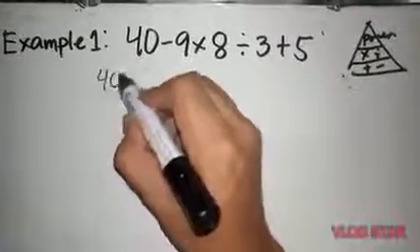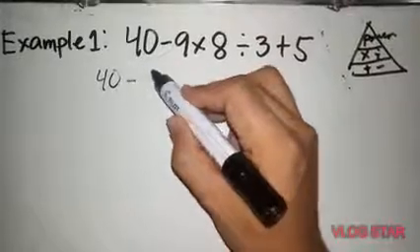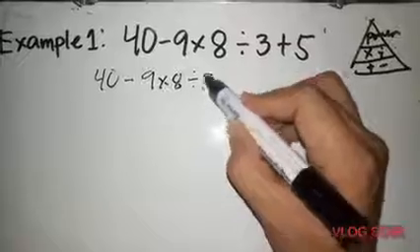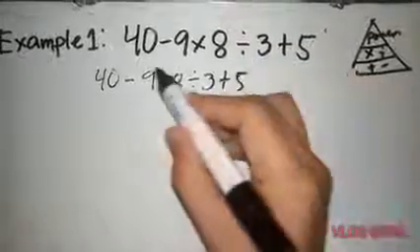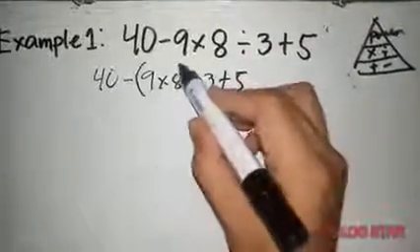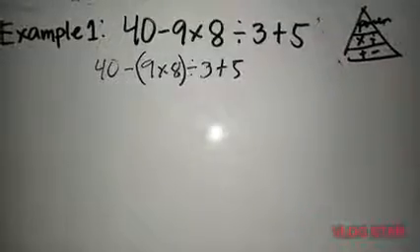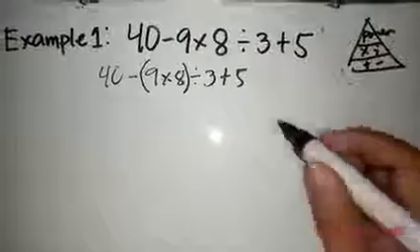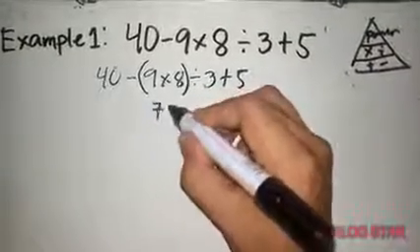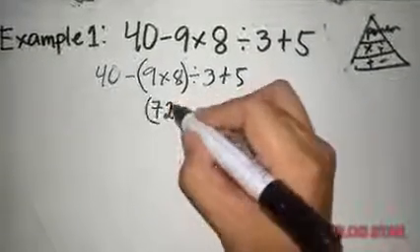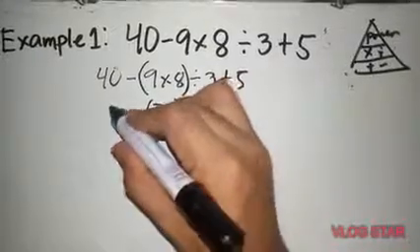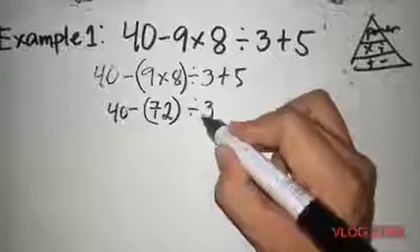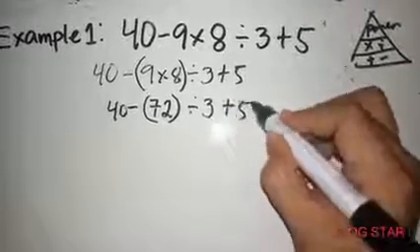So let's copy 40 minus 9 times 8 divided by 3 plus 5. Or we can enclose it in parentheses before we evaluate. So 9 times 8, the answer is 72. So we just copy 40 minus 72 divided by 3 plus 5.